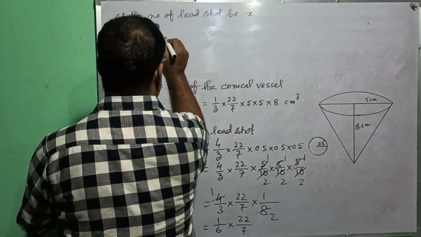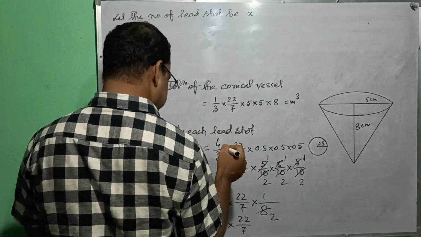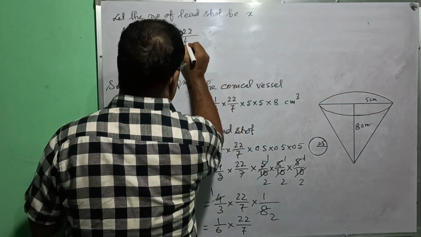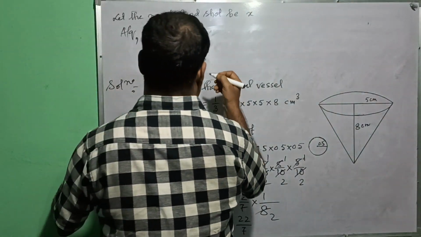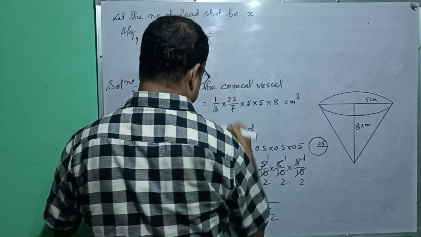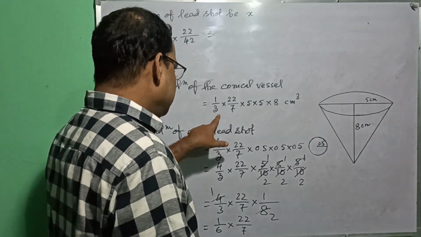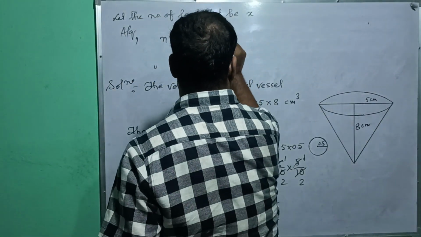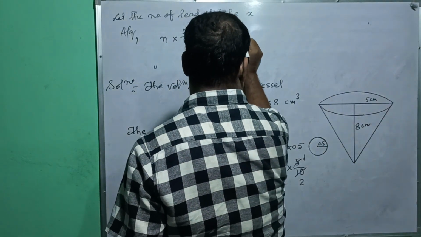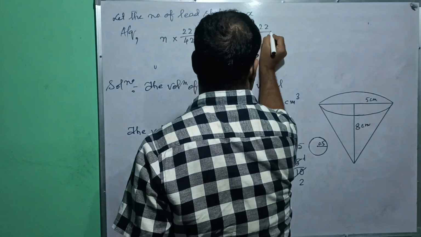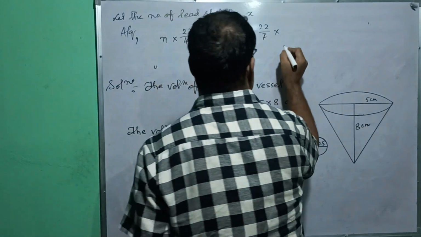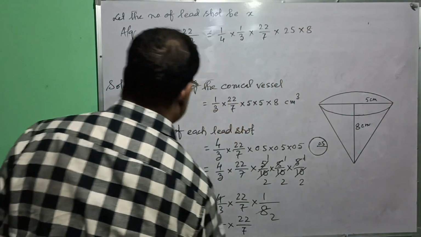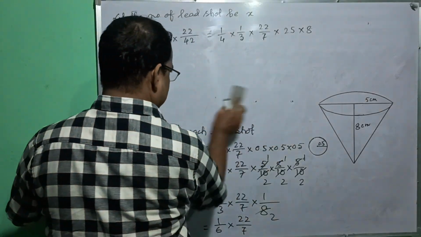So we'll write n into 22 by 42, as it is given, equal. Here it is given that 1/4 of the volume of the water is dropped. So we'll write 1 by 4 into 1 by 3 into 22 by 7 into 25 into 8. We'll solve it now to find the value of x.